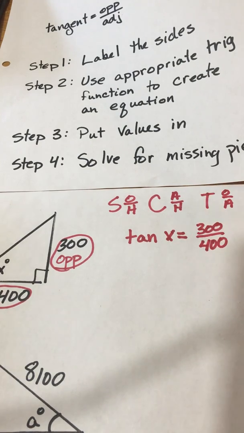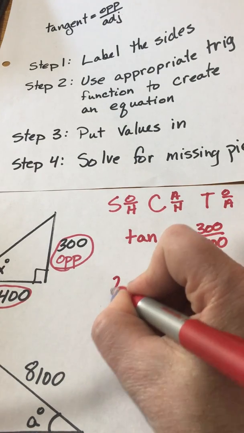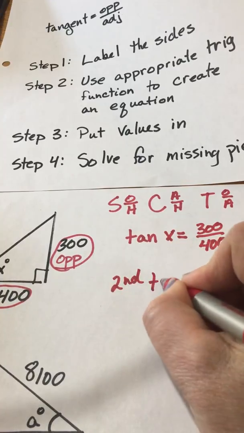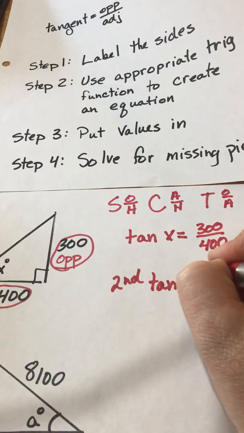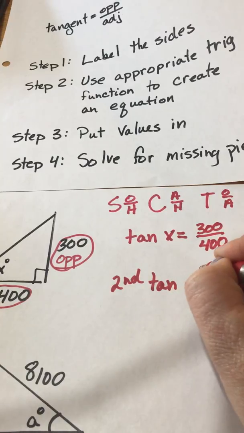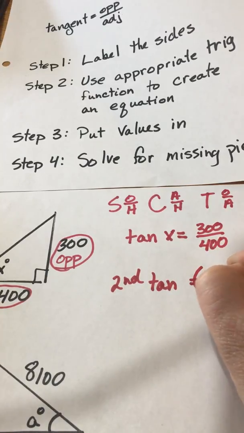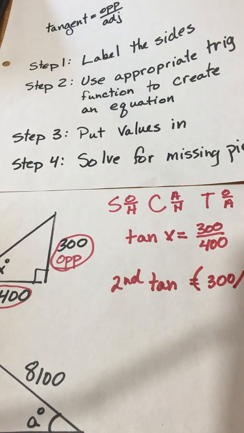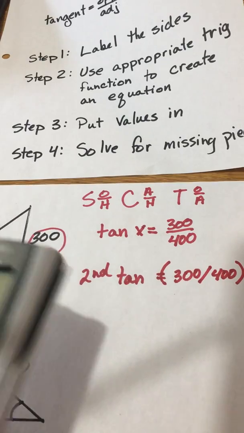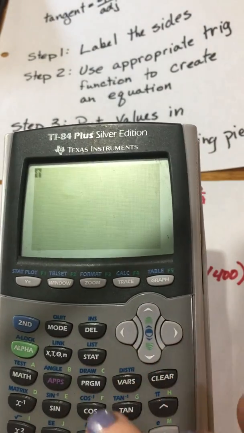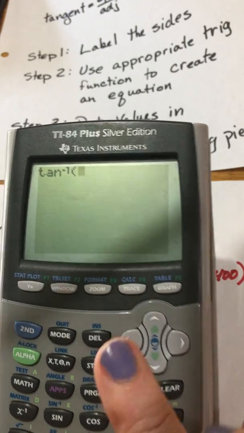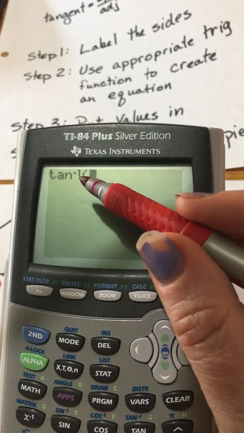Now, when you're trying to find the angle, you hit on your calculator the second tangent button, because that gives us an inverse tangent. See how it has that -1? That means it's going to do the inverse.